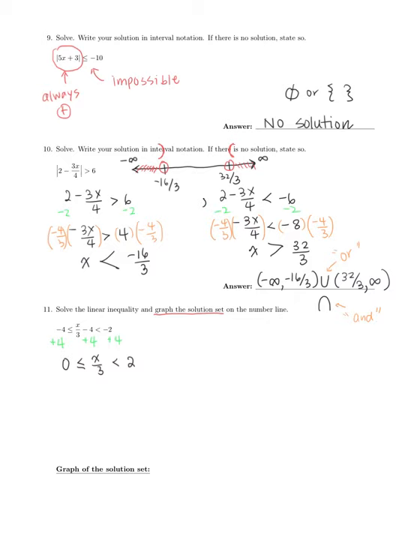So here, I'm going to multiply this by, I'm running out of room, 3 over 1. Okay, so I'll just write 3 over 1. So that means that I better do the same thing on the left-hand side and then also on the right-hand side. So then here, you're going to have a 3 times 0, which is 0. Less than or equal to, now notice that our 3 is going to cancel out, so you're just left with x, and then strictly less than 6. Okay, so now we need to graph the solution set.